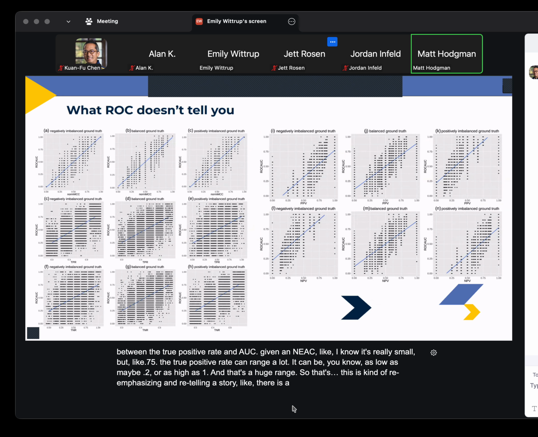If you're looking at the AUC, the positive predictive value can be a wide range, and it can jump up to a positive predictive value of 0 or 1. So there are some weird relationships they want to highlight, to really emphasize that you cannot put that much weight into AUC. I think that's all my slides. Yeah. Thanks, Matt.